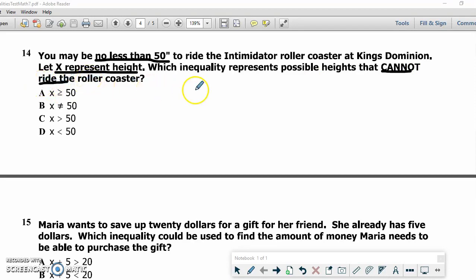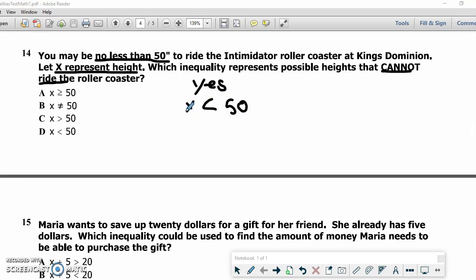So one way I would do this is let's talk about who can ride the roller coaster. So yes to riding the roller coaster. It says no less than 50 inches. So you have to be greater than 50 inches in order to ride.